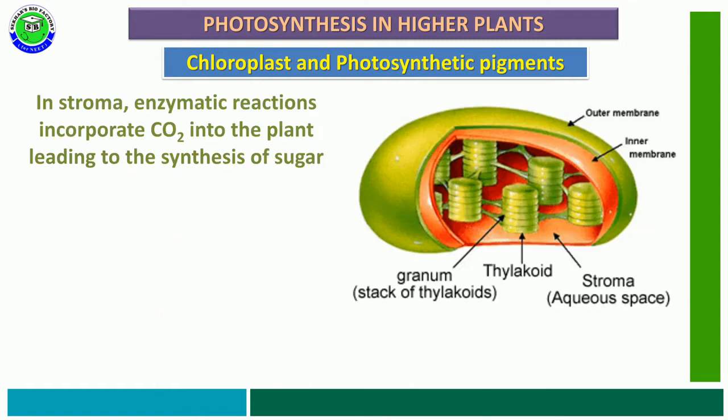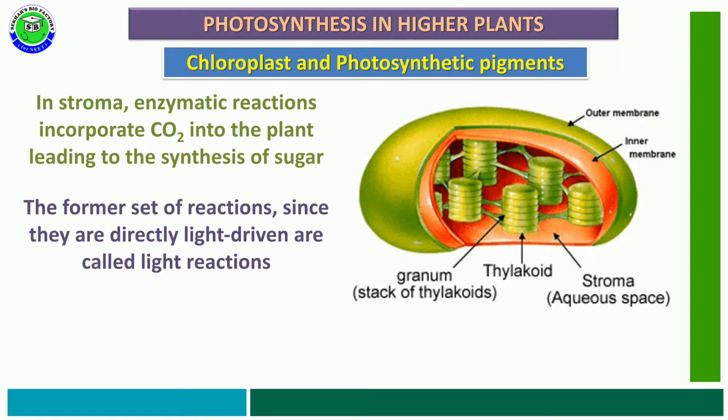And the inner portion of the chloroplast is called stroma, with various photosynthetic enzymes, and after completion of light reaction, by utilizing ATP and NADPH, carbon dioxide is incorporated in plants, which leads to the synthesis of carbohydrates or sugars in photosynthesis. That means the stroma is responsible to perform the dark reaction of photosynthesis.